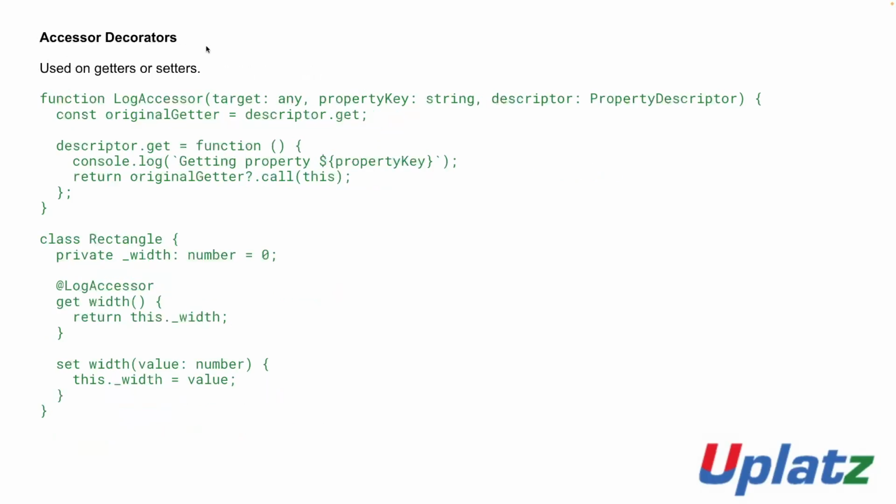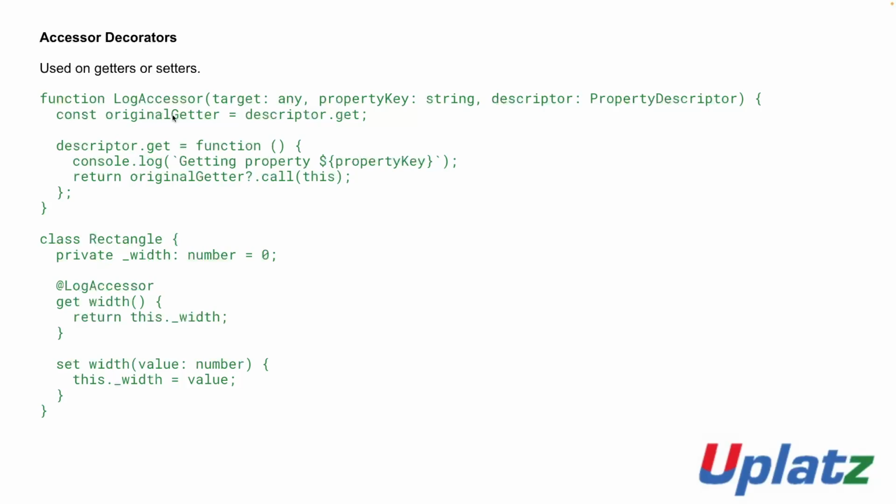Accessor decorators are used on getters or setters. Function logAccessor, target of type any, propertyKey of type string, descriptor of type PropertyDescriptor.